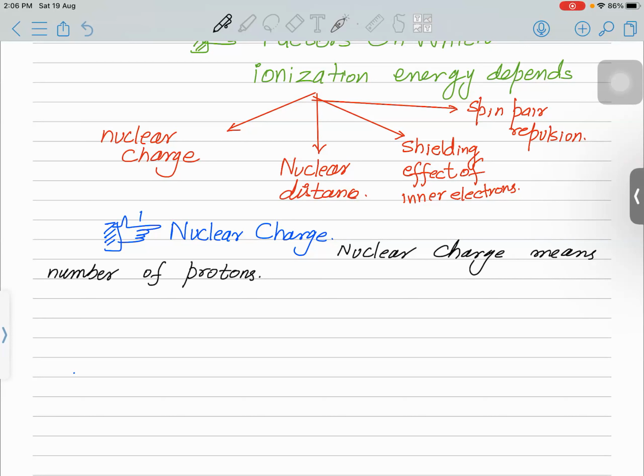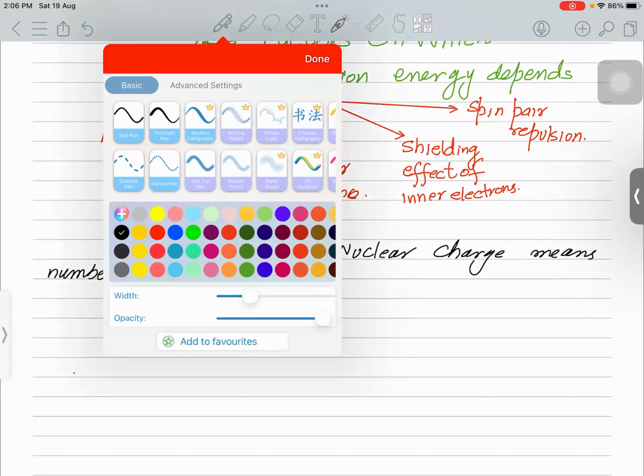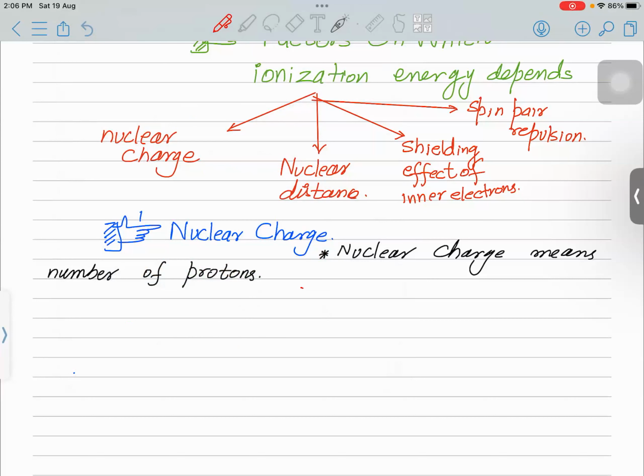Across the period, does the proton number increase or decrease? It increases.